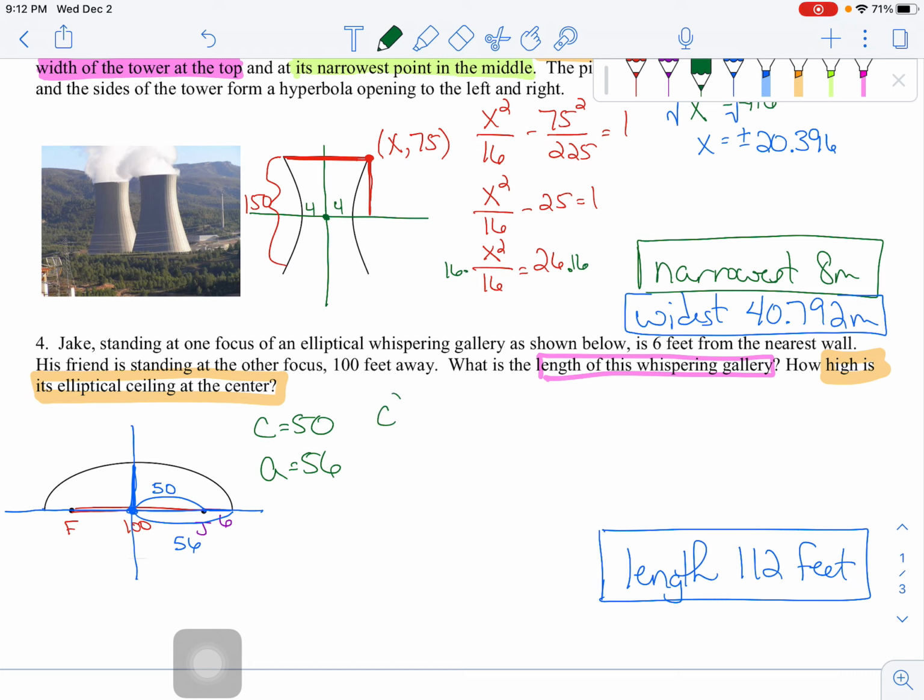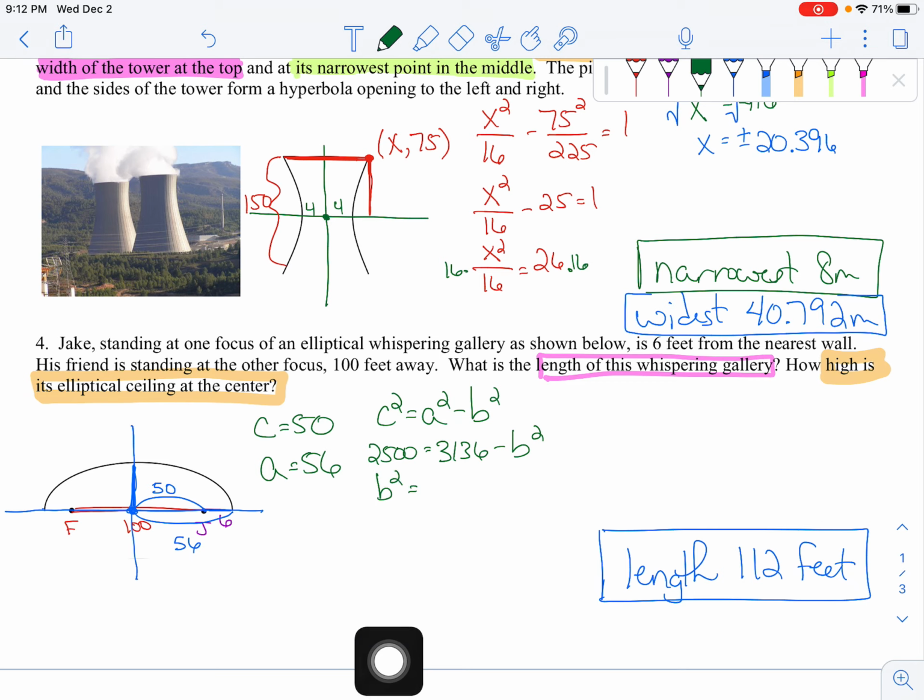Using the relationship between A, B, and C, which for an ellipse is C squared is equal to A squared minus B squared, I can fill some of this in. Let's see, 50 squared is 2,500. 56 squared is a number I don't know off the top of my head, so 3136 minus B squared.